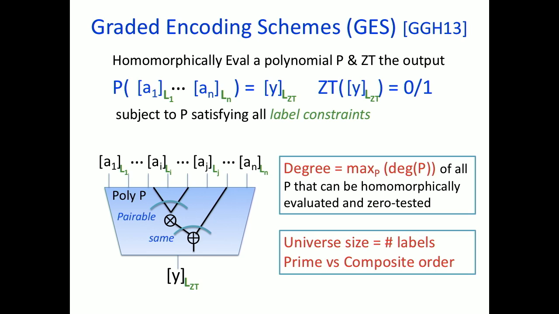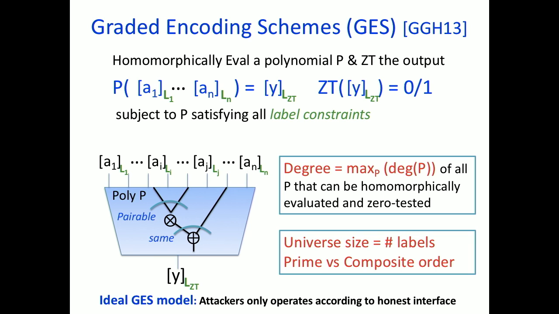We will also care about two additional parameters. One is called the universe size, which is the number of labels. You could think about this as how many correlations I have to create. The more labels there are, the more sets of encodings, the more correlations I have to create. And we'll also differentiate between prime order and composite order, in the sense of whether the ring that the graded encoding operates on is prime order or composite order.